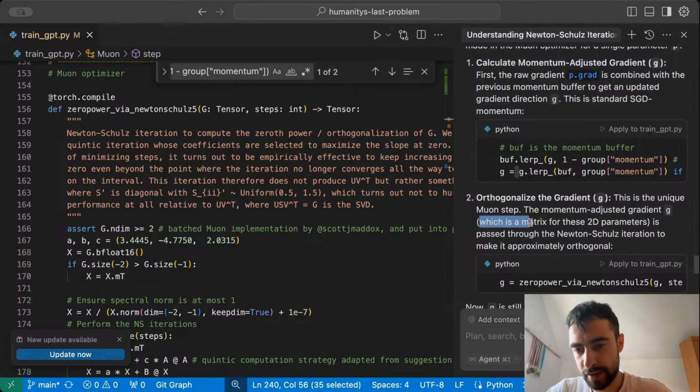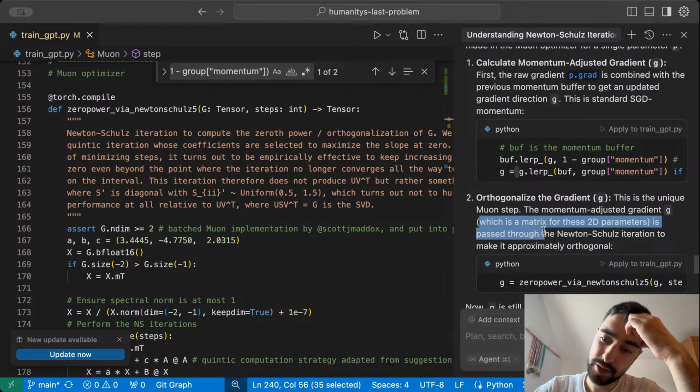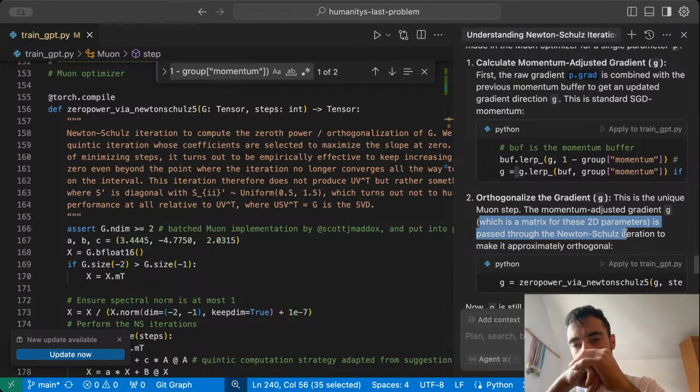which is a matrix for these 2D parameters, is passed through the Newton-Schultz iteration to make it approximately orthogonal.